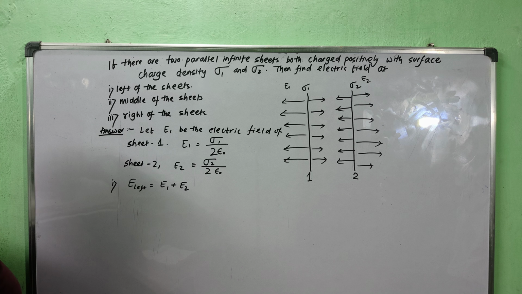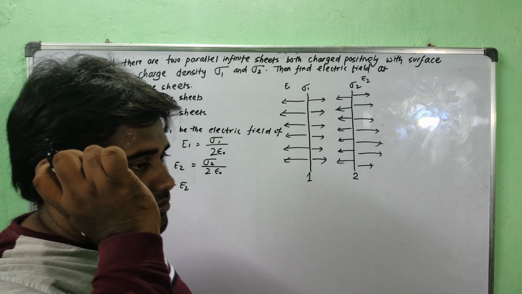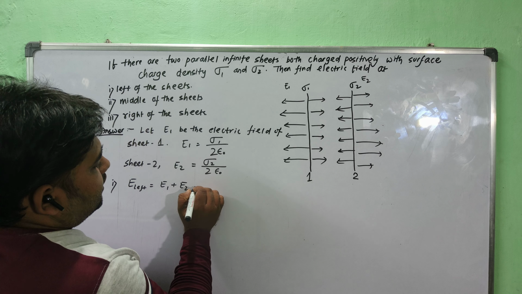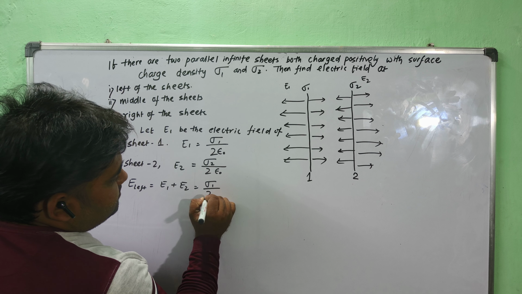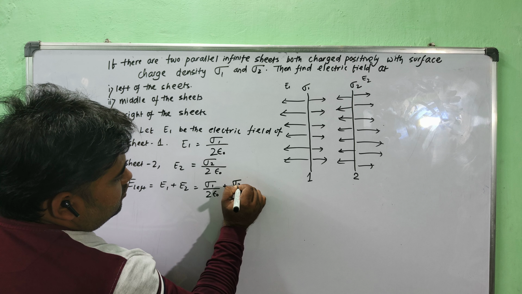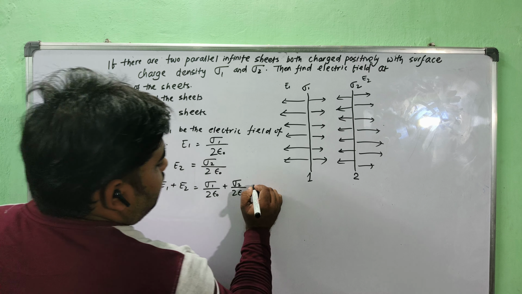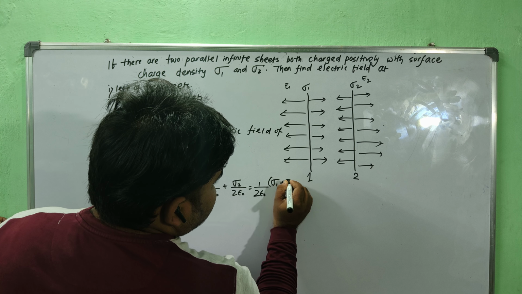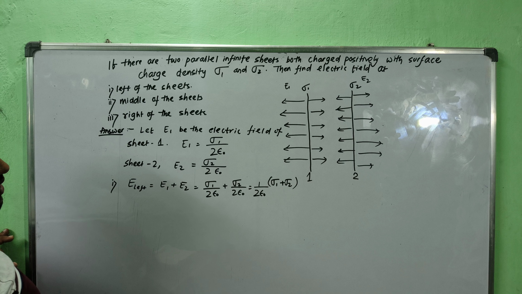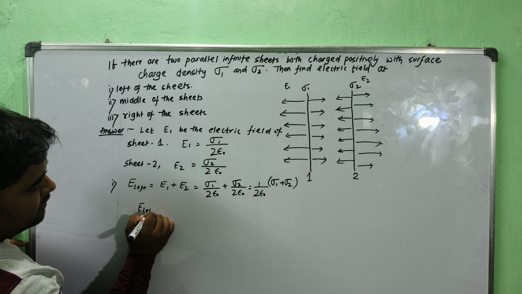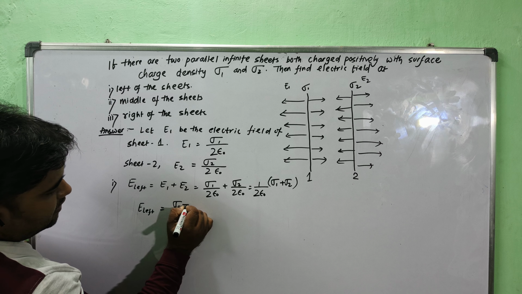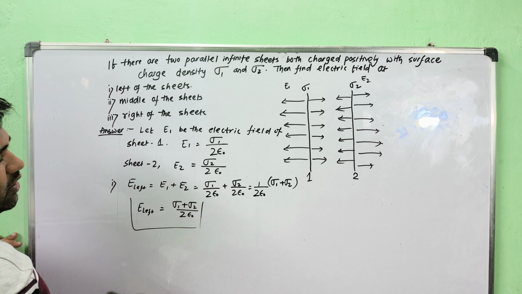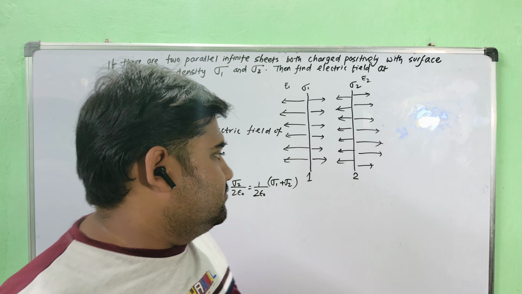We are only going to calculate the magnitude, and if you are asked for the direction, you can say it is to the left. So sigma 1 by 2 epsilon naught plus sigma 2 by 2 epsilon naught. Taking 1 by 2 epsilon naught common, E left is equal to sigma 1 plus sigma 2 by 2 epsilon naught. This is your required formula.